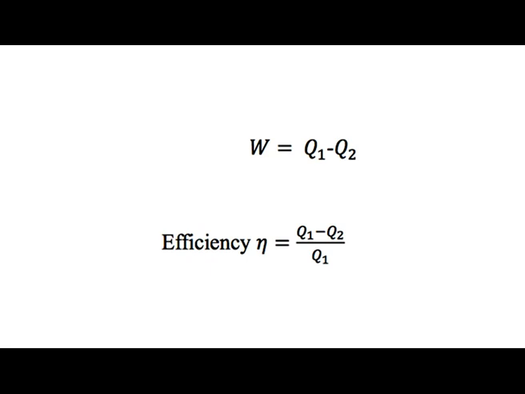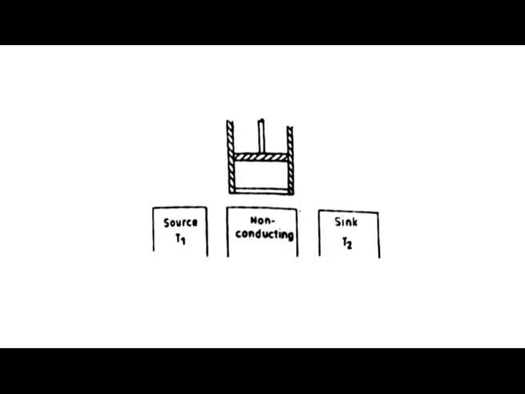Then the efficiency of the heat engine is given as efficiency eta is equal to (Q1 minus Q2) divided by Q1, where Q1 is the quantity of heat absorbed from the source and after performing useful work, the remaining quantity of heat Q2 is rejected to the sink. Here the figure shows the source T1, a non-conducting platform, sink T2.